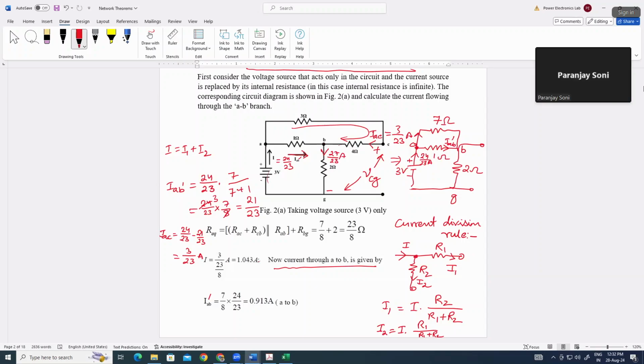सर जो initial current जो जा रहा है वही लौटेगा ना, तो initial तो 24 by 23 जा रहा है. ओ सॉरी, ये 21 by 23 है ना IAB dash, यस सर. सो ये 24 by 23 ही जाएगा, जो current यहाँ से निकलेगा वही current इसमें वापस आएगा. सो 24 by 23 ampere ही होगा.